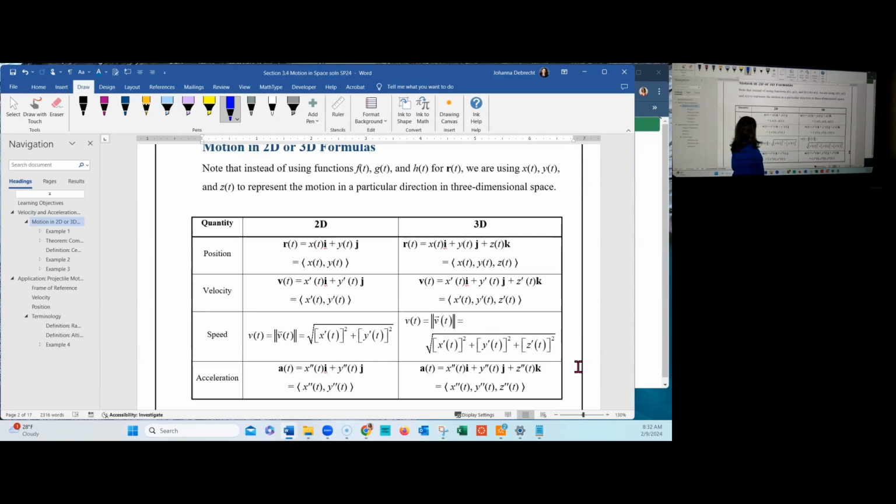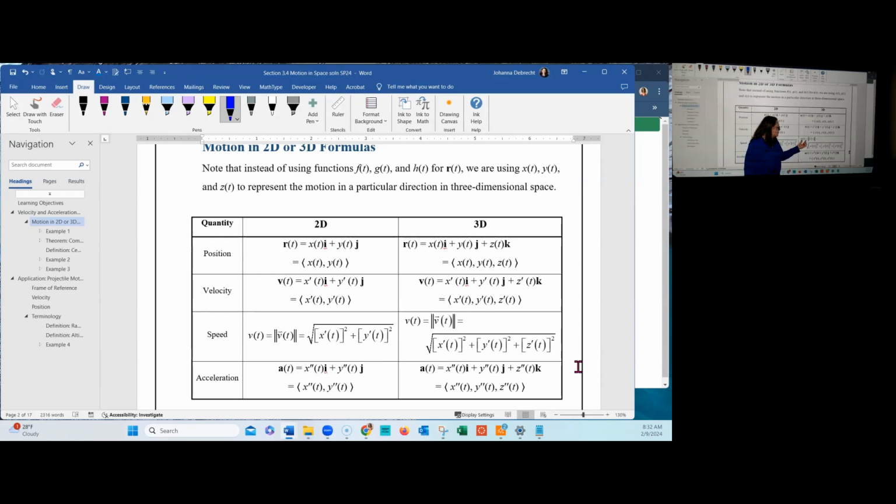In order to find the velocity, you take the derivative of r of t, which we can notate with a bolded letter v, as in Victor.